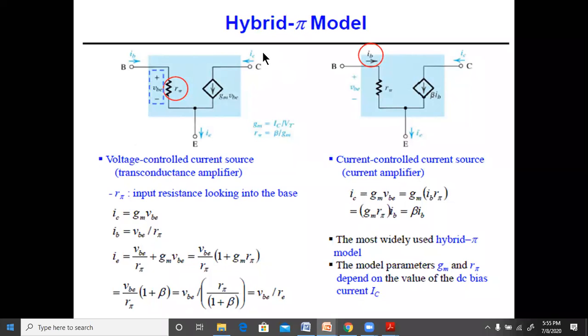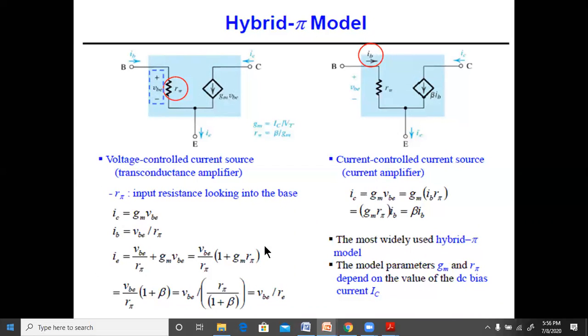Here the transconductance will be IC by VBE. So we call it a current controlled current source. Current controlled means input side is current. Current source means output is also a current. So this is considered a current amplifier where we can write the value as IC by IB, the current amplification.